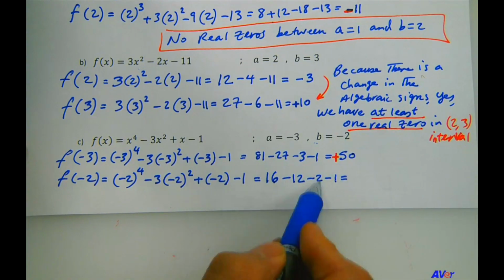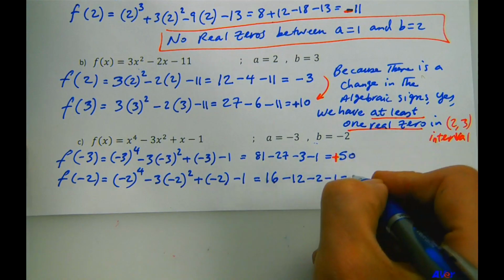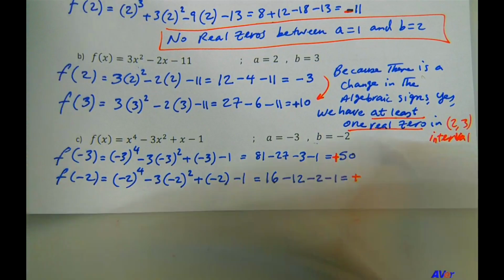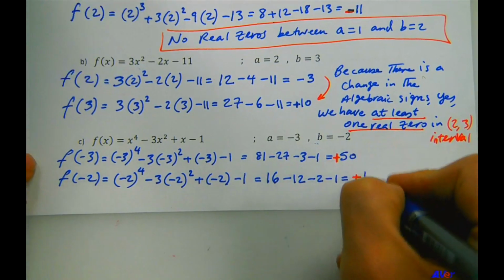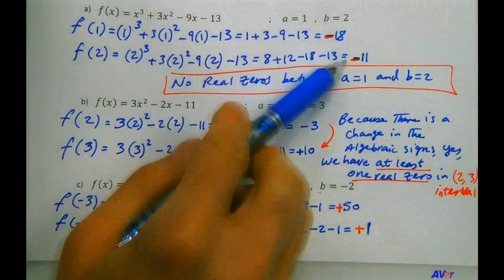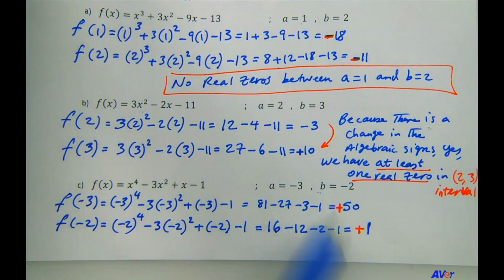We get -14, -15, plus 16, positive 1. Oh boy, we got no shift again, right? It stayed the same. Look at that. It stayed negative for the above function. Here we stayed positive. So once again, no real zeros between these two values exist.